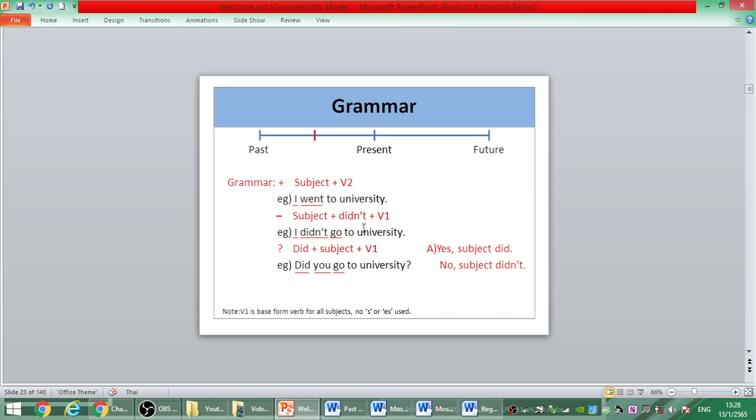Okay, so note: verb 1, base form, for all subjects, no S or ES used. The structure for a past simple question is: yes, subject did; no, subject didn't.